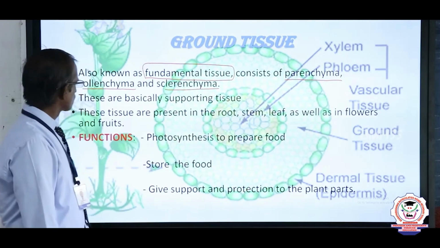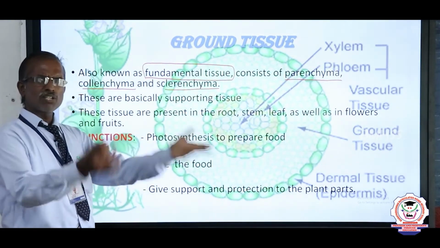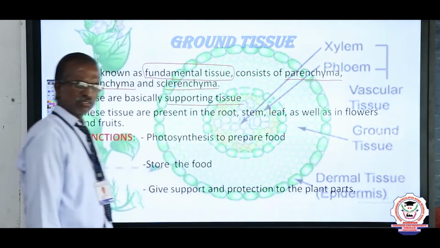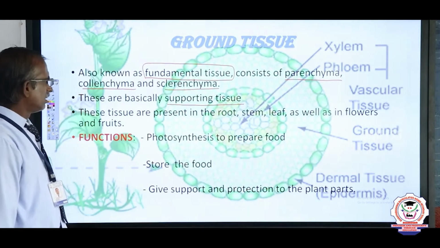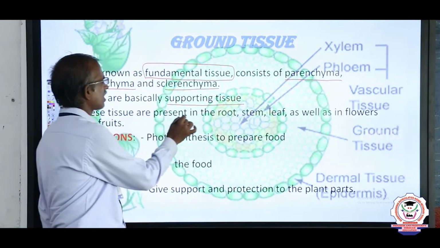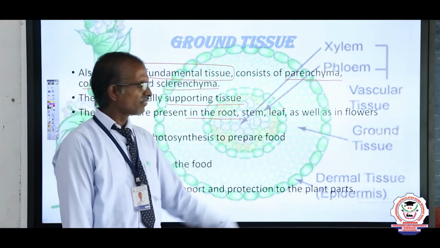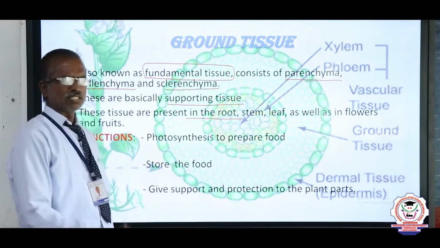It basically provides support to the plant, which is why we call it supporting tissue. Ground tissue is also called supporting tissue. These tissues are generally present in the root, stem, leaf as well as in the flower, fruits, etc.